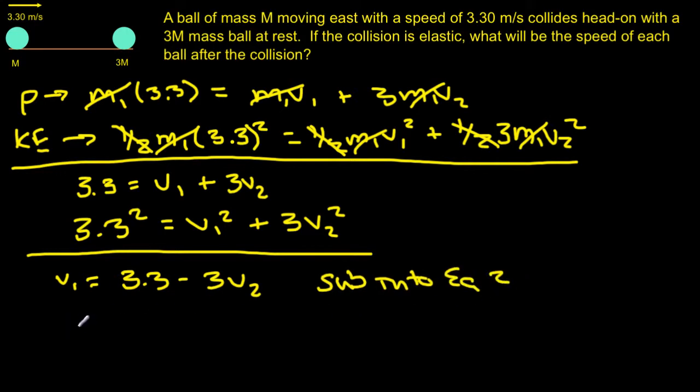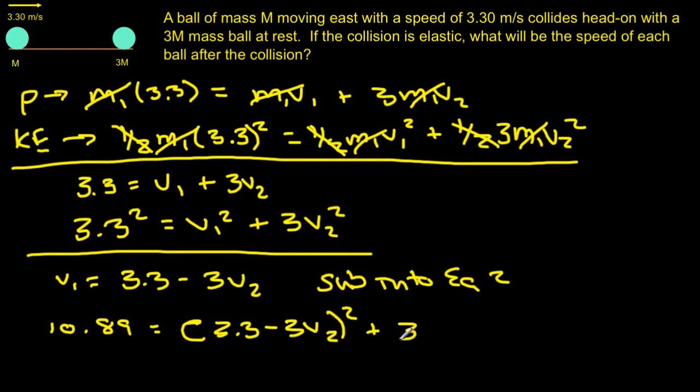So writing that out, well, 3.3 squared is 10.89 equals 3.3 minus 3v2 squared plus 3v2 squared. So this is the equation we have to solve for v2.